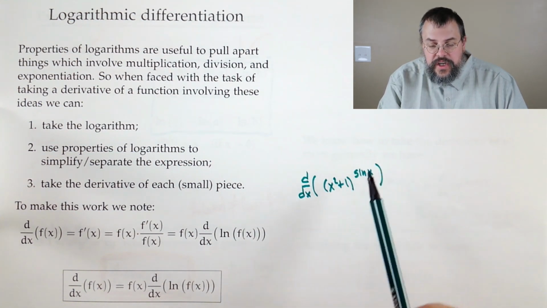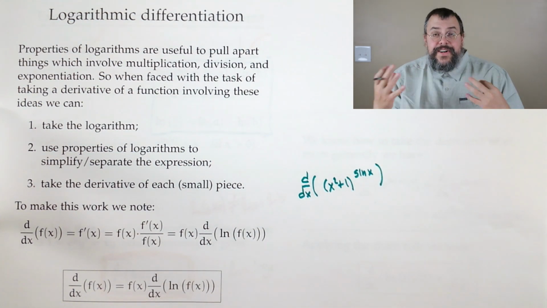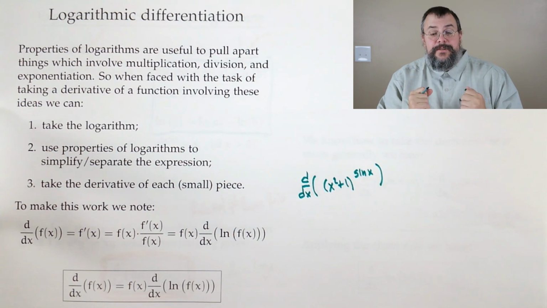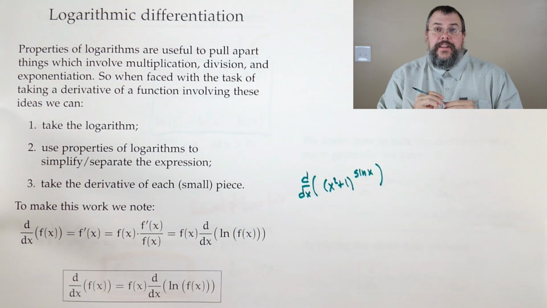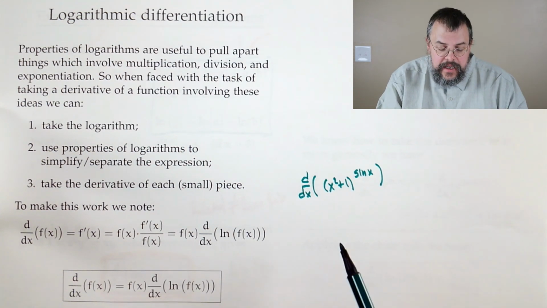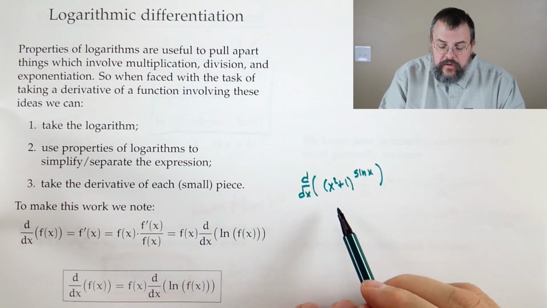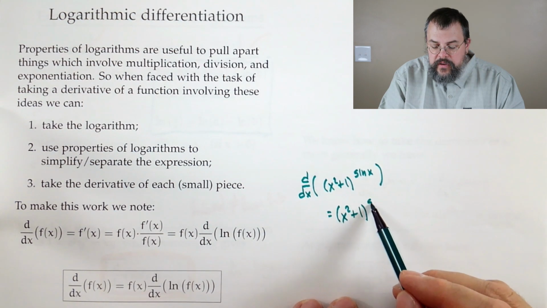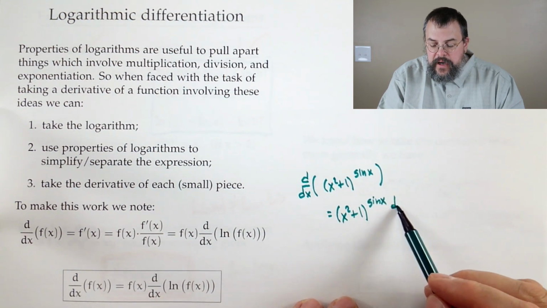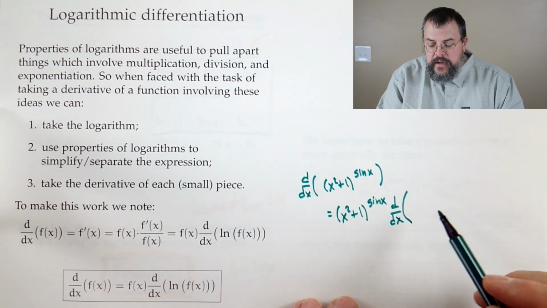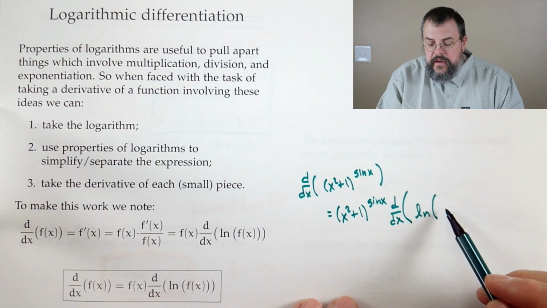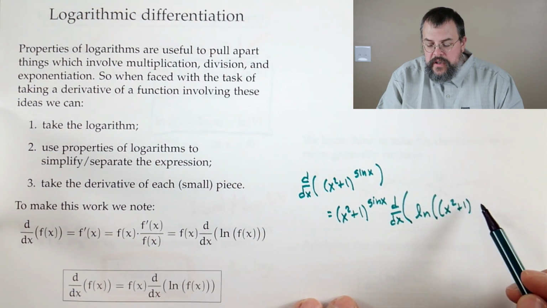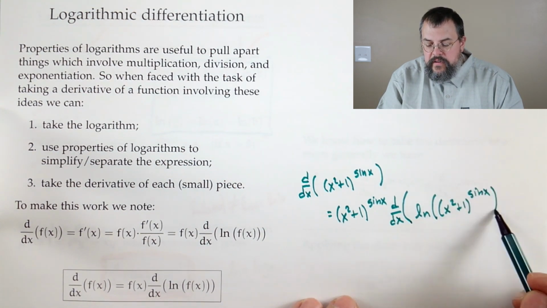The upstairs is changing because it has an x involved. So a lot of stuff is changing. But the idea here is to say, hey, if we apply the rule, rewrite the function x squared plus 1 to the sine of x times the derivative of the natural log of x squared plus 1 to the power sine of x.